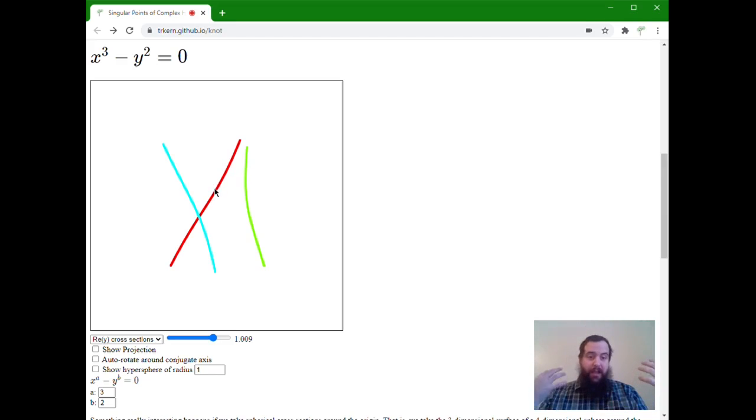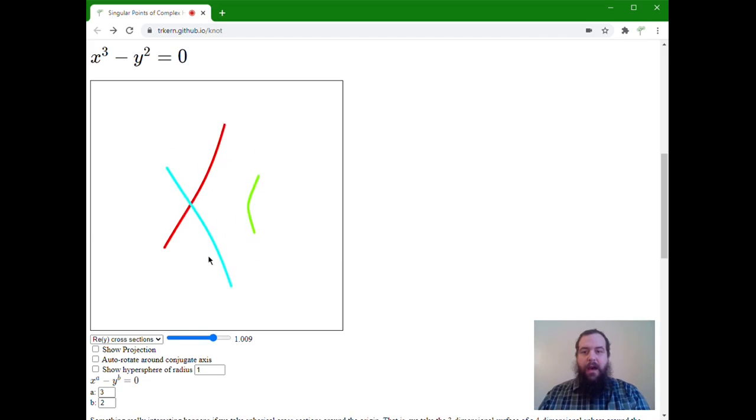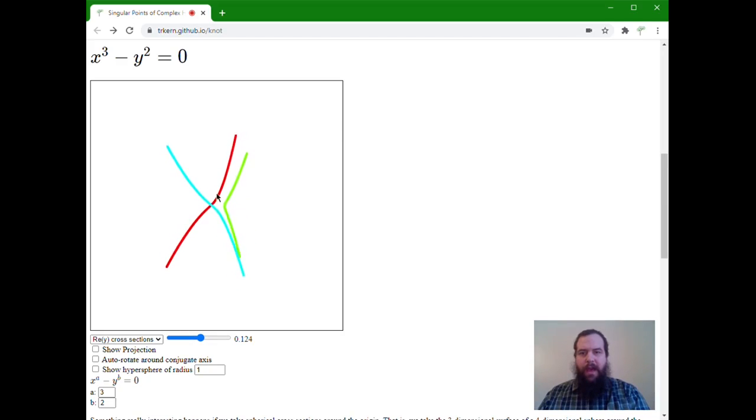And again, if we take imaginary cross sections in terms of y, it's just going to be a rotated version by the appropriate fractions. So taking imaginary cross sections in terms of y doesn't shed any more insight. But we can see what happens as we approach our singular point at the origin.